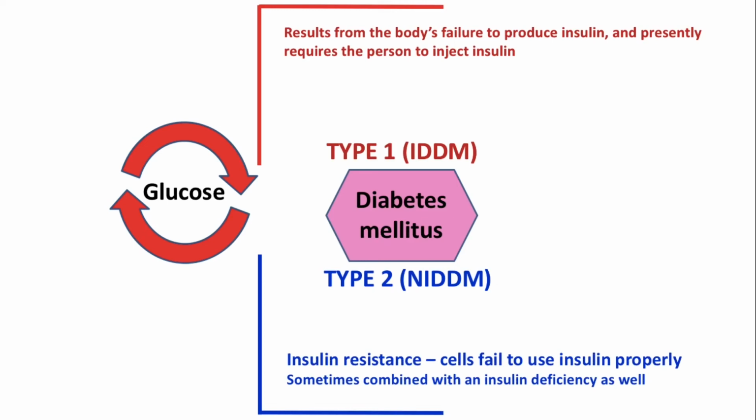For type 2, it's classified as insulin resistance. Meaning to say, the pancreas can produce insulin, however, the cells are resistant to the insulin. So the cells fail to use insulin properly. And this type 2 DM is the most common form.